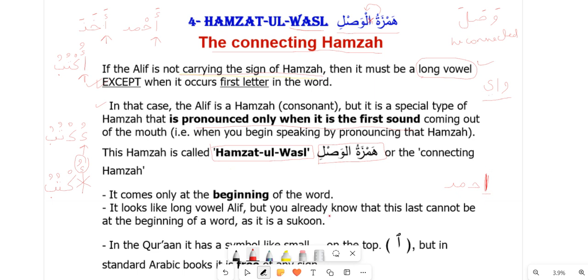So actually, here it is a bit of a confusing statement, but you already know that this letter cannot be at the beginning of the word. It means the long vowel cannot be at the beginning of the word because it always has a sukoon. That's why I was stressing that these long vowels have a sukoon, but we are not allowed to write over it.